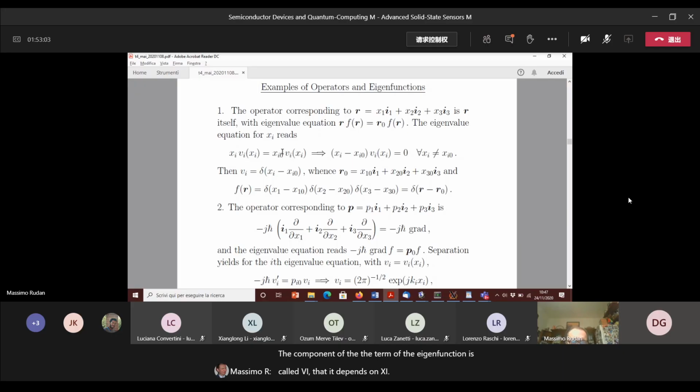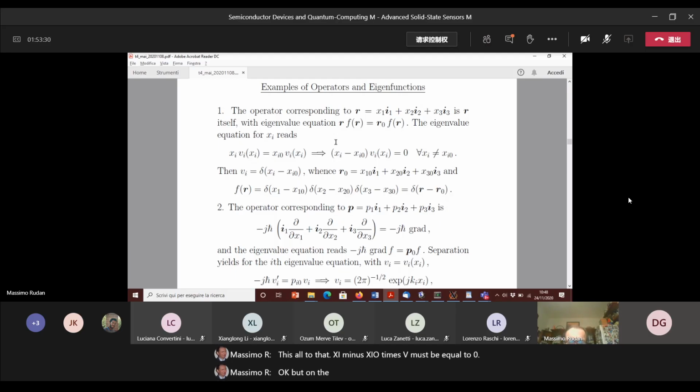The component of the eigenvalue will be x_i0 times v_i, okay? So if we put everything to the left, we obtain this strange result that (x_i minus x_i0) times v_i must be equal to 0, okay?